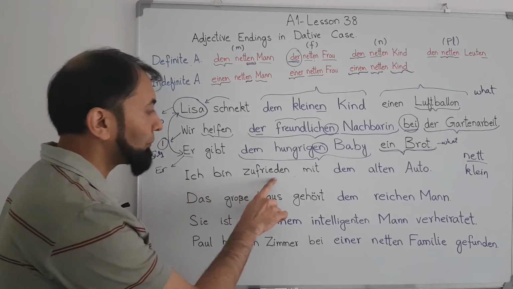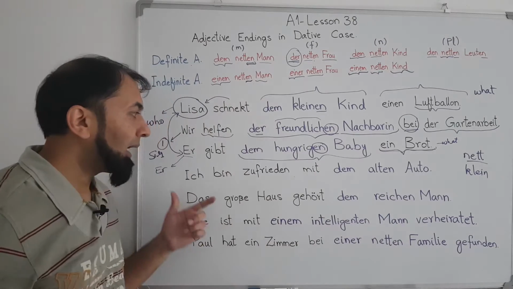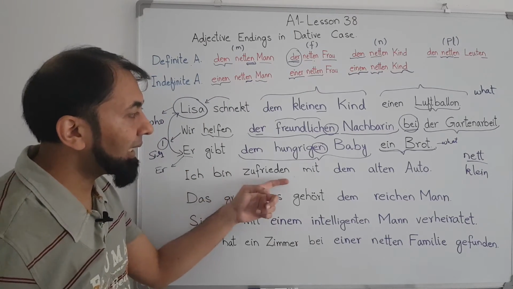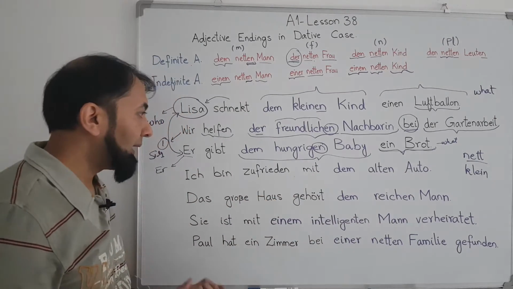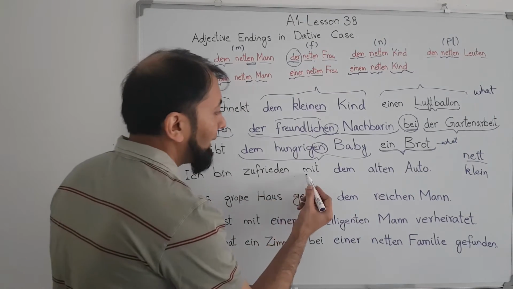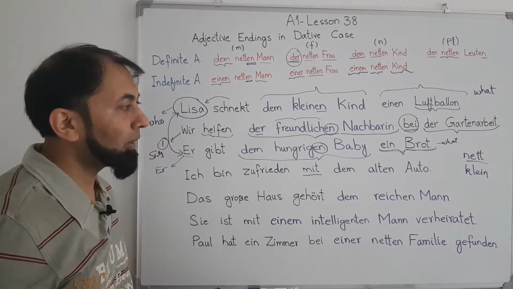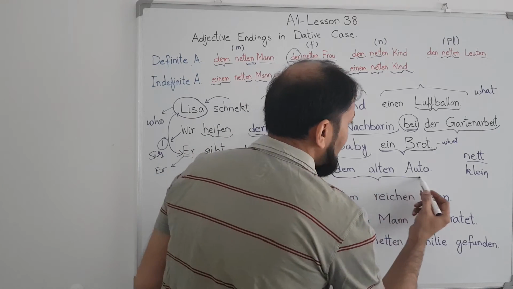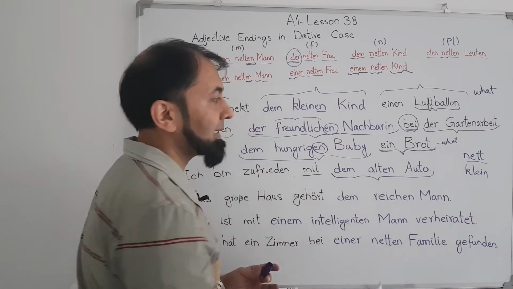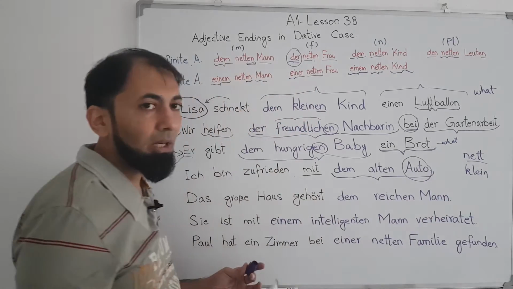Ich bin zufrieden mit dem alten Auto. I am satisfied with the old car. Now in this sentence I am using a preposition, mit, which is a dative preposition. Therefore the next part of the sentence will be in the dative case, and in the next part of the sentence I am using a neuter noun which is Auto.